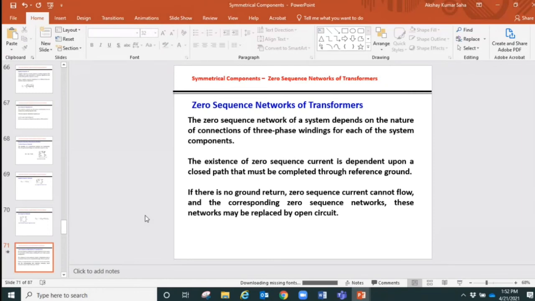So let's say there is a transformer which has one outgoing three-phase line, and that is supplying an area where there are a number of houses or premises, commercial and all those. So if something happens to the transformer, let's say that transformer has now got broken on the secondary side, no connection. Secondary is isolated.